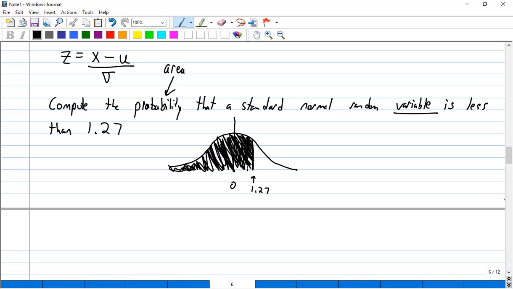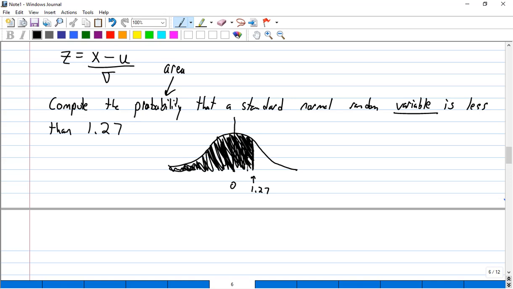So table A has negative z-values. Table B has positive z-values. If you look at the little diagram at the top, on either side, A or B, it has a shaded region under the curve. And the shaded region is everything from the far left up to that value.